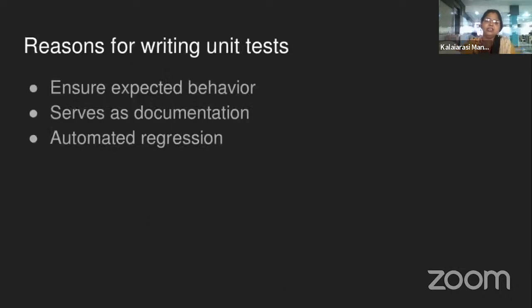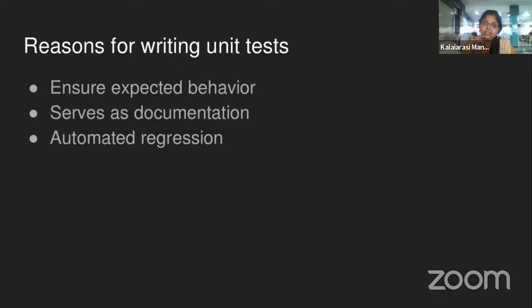Now, there are reasons for writing unit tests. In a unit test, the meaning is you are checking whether the individual written single instruction is able to return the expected behavior. That is, the line which I have written should behave in the same manner.